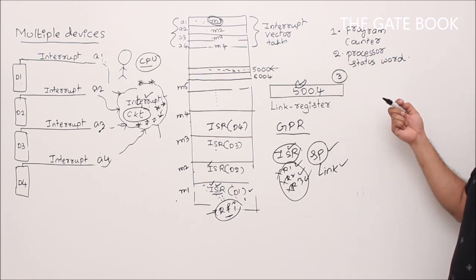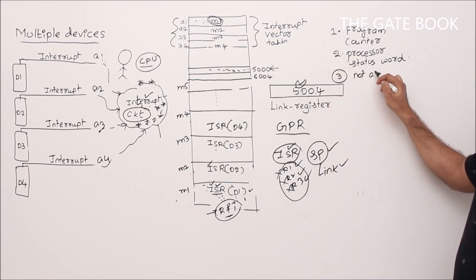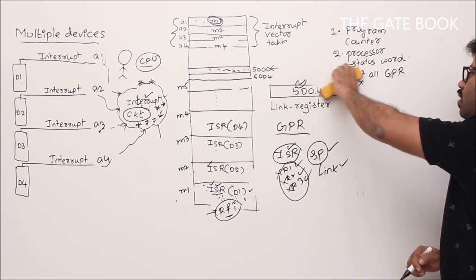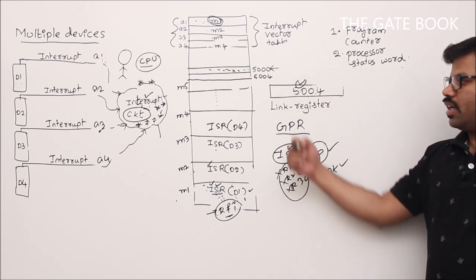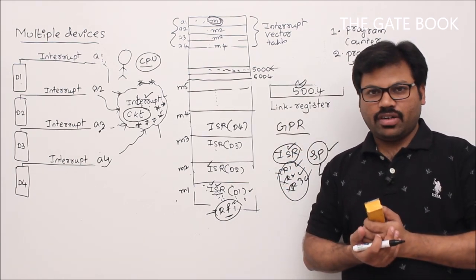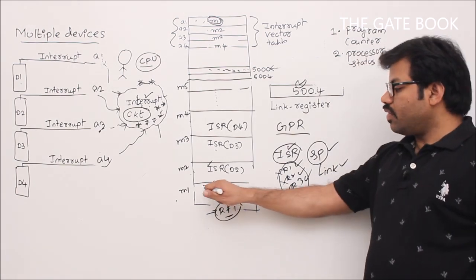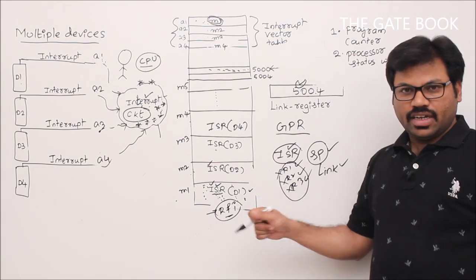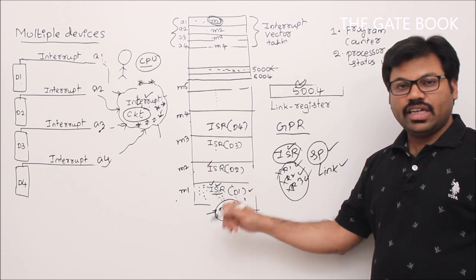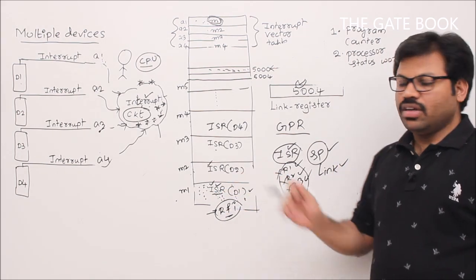That's it, only these two are stored, but not all the general purpose registers. Remember it. Storing all of them is wrong, because it takes a lot of time. Generally, architectures won't support it. Now, if those registers get spoiled, who is going to spoil them? The interrupt service routine. So it should be designed, as a programmer working at low level, writing a device driver, such that it does not spoil others' code.